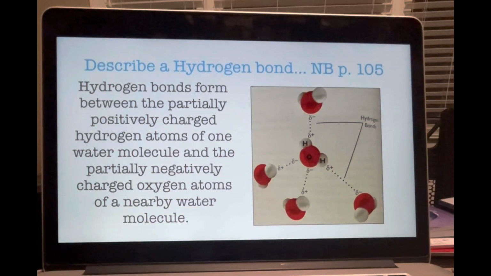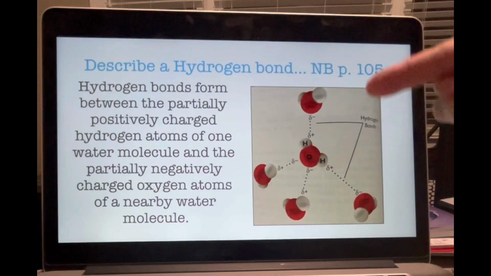You can sort of see this in this figure. All right. The positively charged hydrogen side of one water molecule is attracted to the negatively charged oxygen side of another water molecule. So here we go.